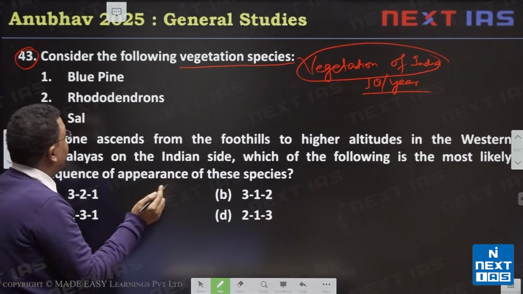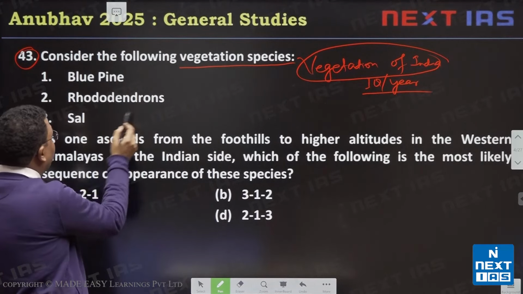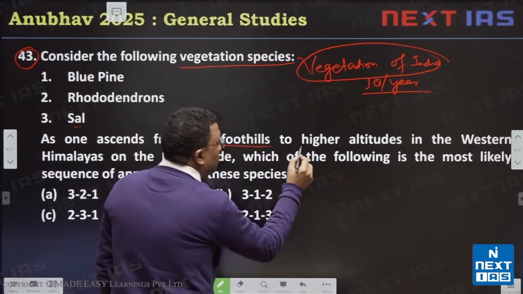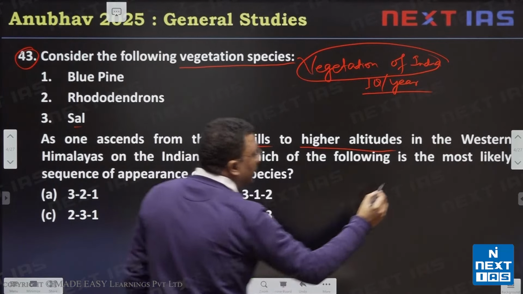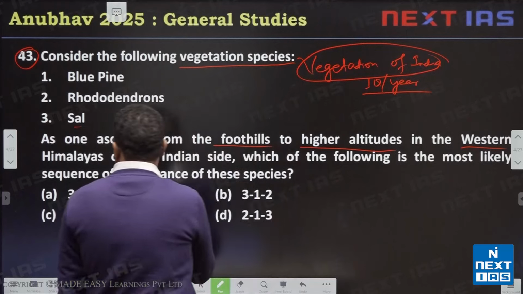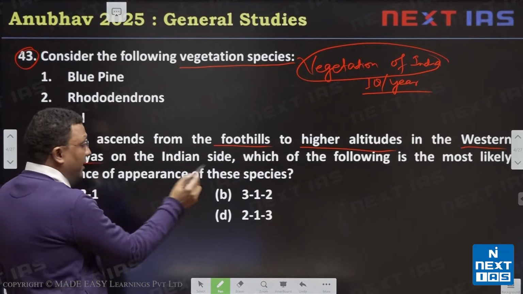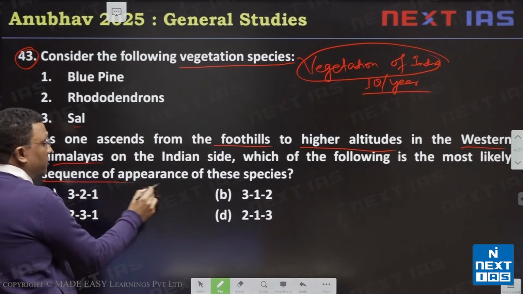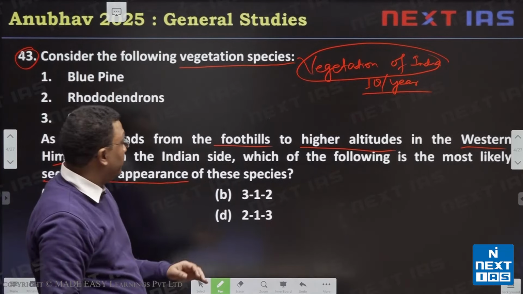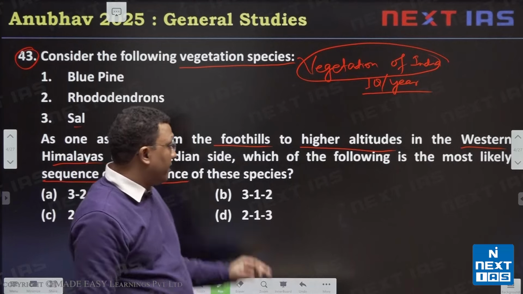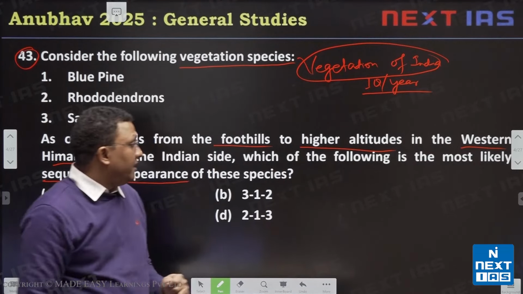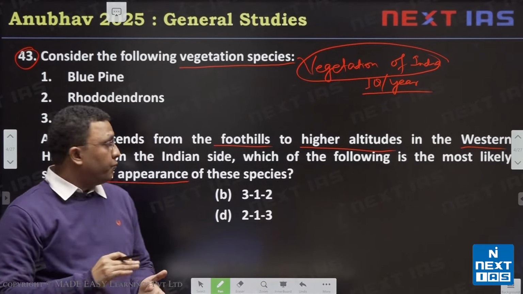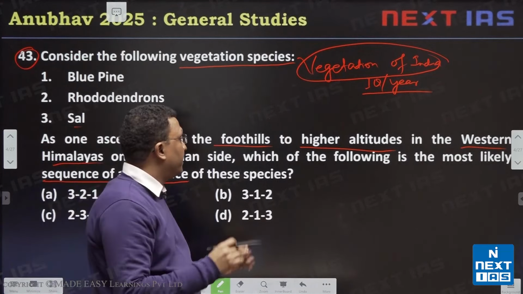Consider the following vegetation species: blue pine, rhododendrons, sal. As one ascends from the foothills to higher altitudes in the western Himalayas on the Indian side, which of the following is the most likely sequence of appearance of these species? So some species are given and the question is asking which will be the correct sequence of their appearance if we move from foothills to higher altitude in western Himalaya.